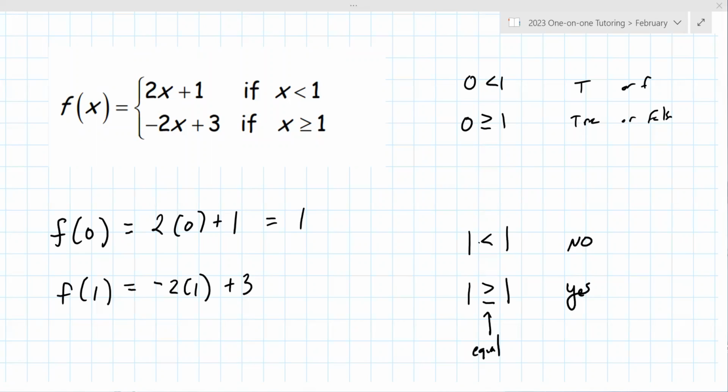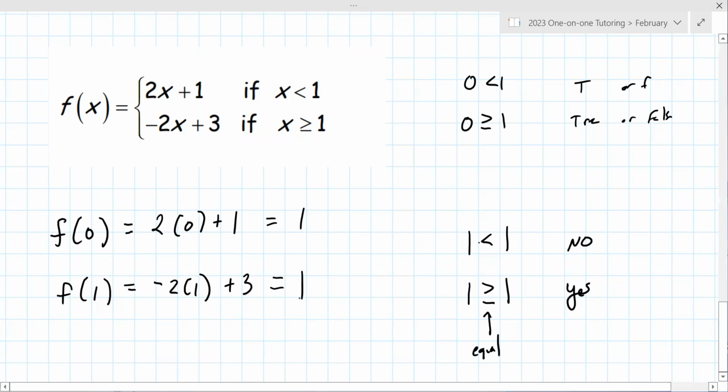It's 1. It is 1, positive 1. Very good. Can you evaluate f of 2 for me, please?